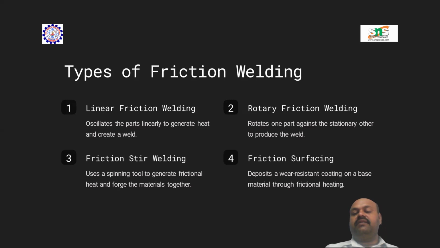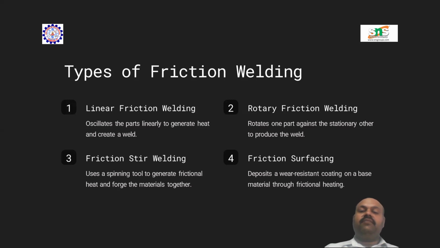So again, the axes are in line, collinear, so that one part is kept stationary in a lathe and the other part is made to rotate against it to get it rubbed with the other part to get friction and softening of the metal. And one of the most interesting solid state welding is friction stir welding, where it uses a spinning tool to generate frictional heat and force the materials together.